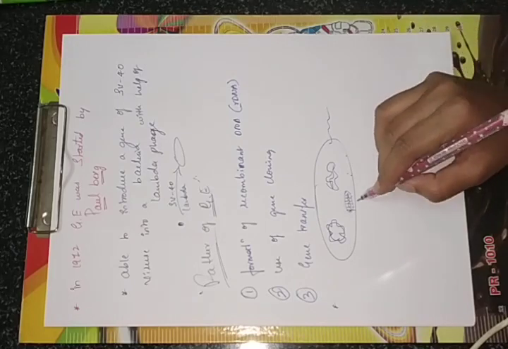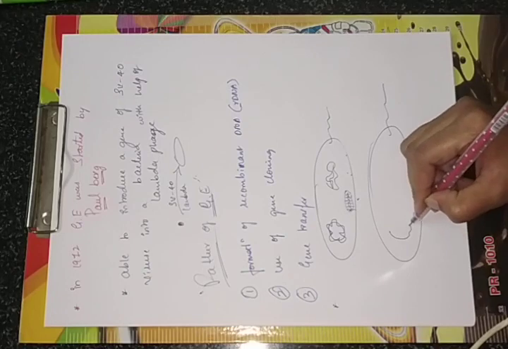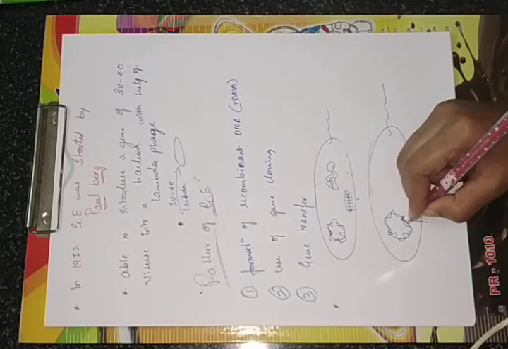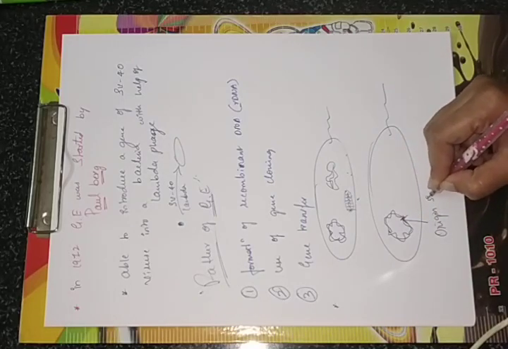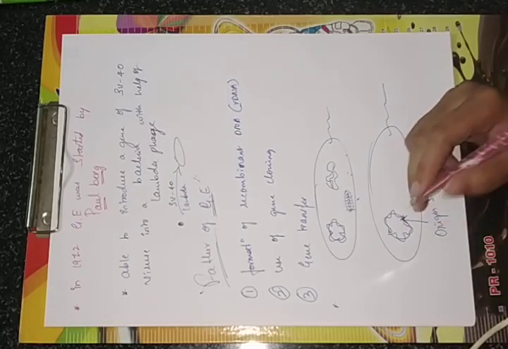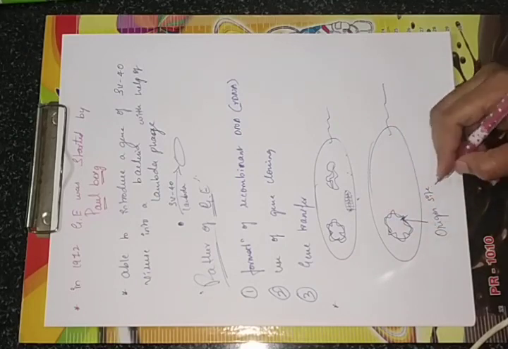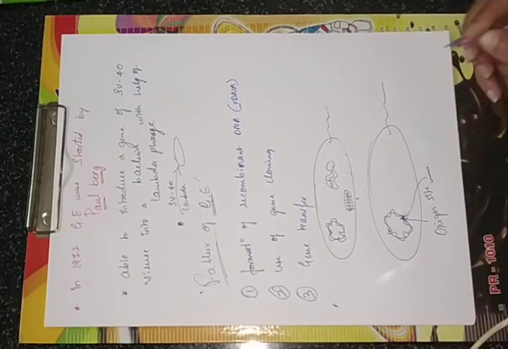But instead of doing so, you can introduce the DNA into the plasmid. When you cut this plasmid at a specific point, that specific point is called the origin site. At the origin site, if you cut using a restriction enzyme, it will just open, and then you can introduce your alien DNA.